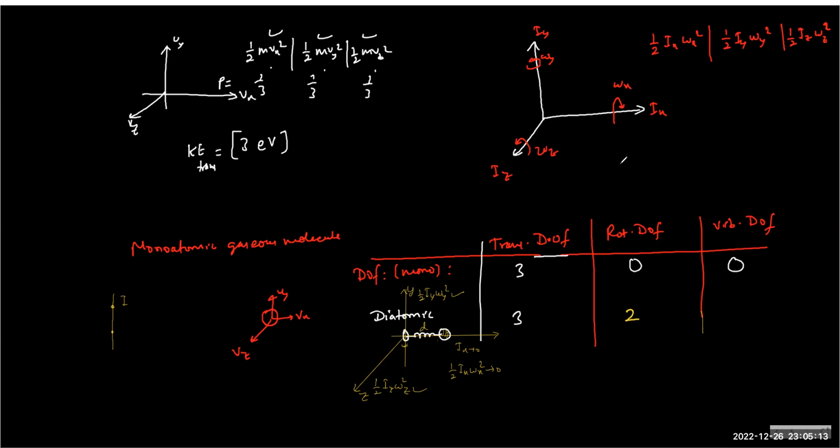So the maximum possible is always 3N. Understood? And N is called atomicity. And that is the whole idea. Is it possible to have more than 3N? The answer is no.